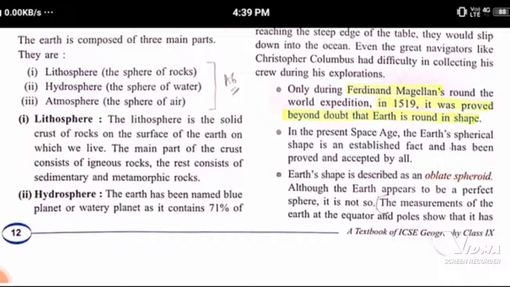The measurements of the Earth at the equator, which is an imaginary line, and at the poles, the two ends, the south end and the north end, show that it has a slight bulge at the equator. Just look at the picture.